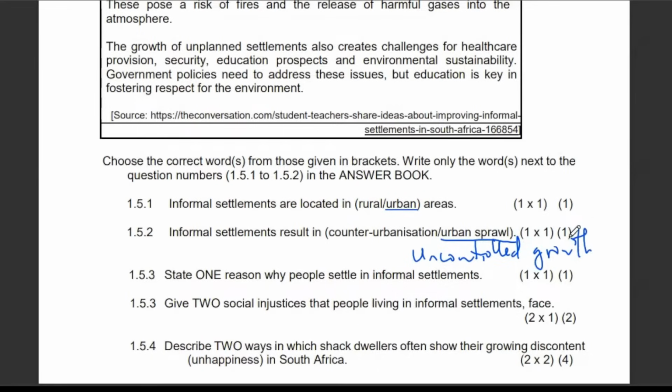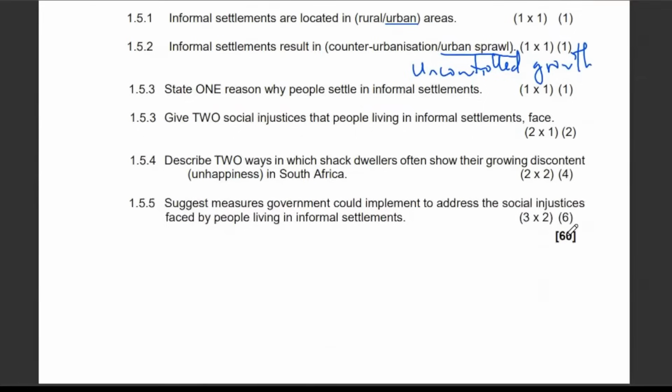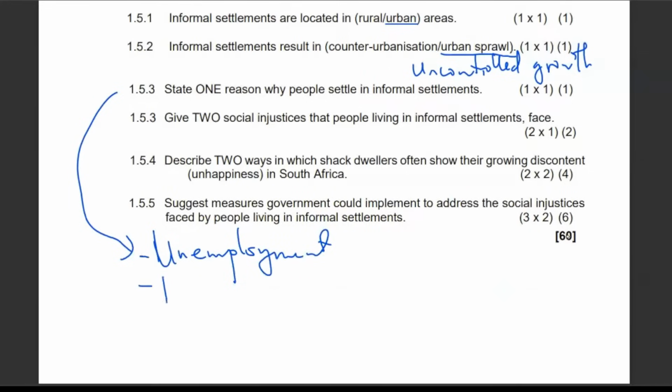There are a number of reasons which justify why people settle in informal settlements. Why do people stay in shanty towns? We can talk of things like unemployment, and unemployment driving to poverty. And with poverty, we can talk of lack of skills.